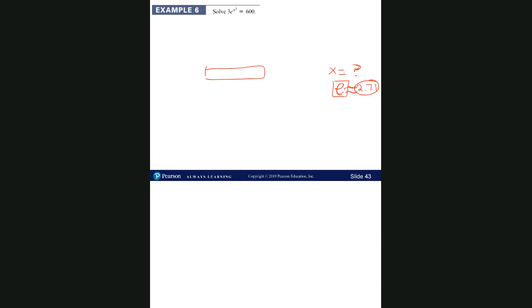So in this case, we see that the number 3 is multiplying e to the power x squared. So let's think about moving things out of the way by moving them across the equal sign and doing the inverse operation. So the first thing we will do is take that 3 across.